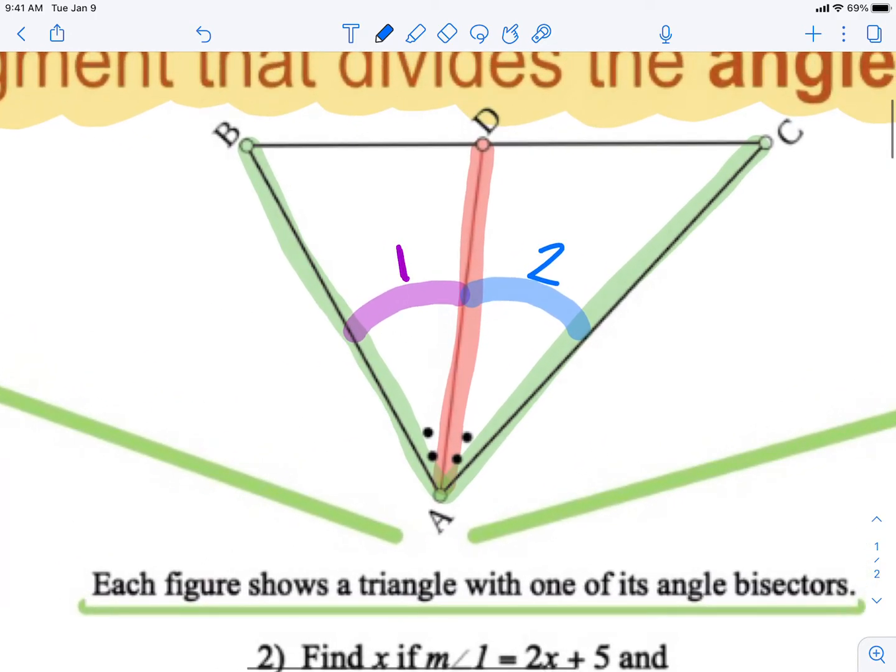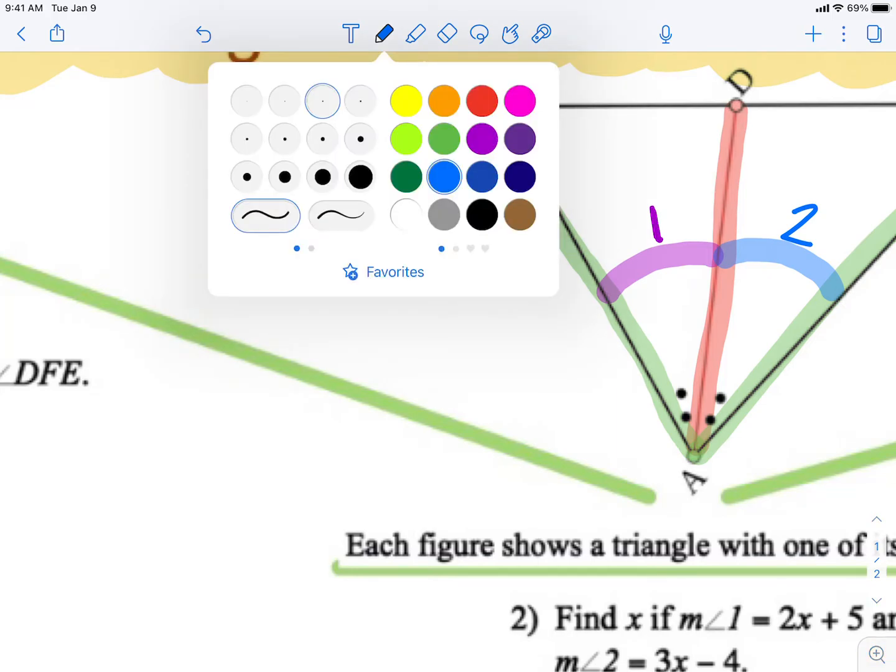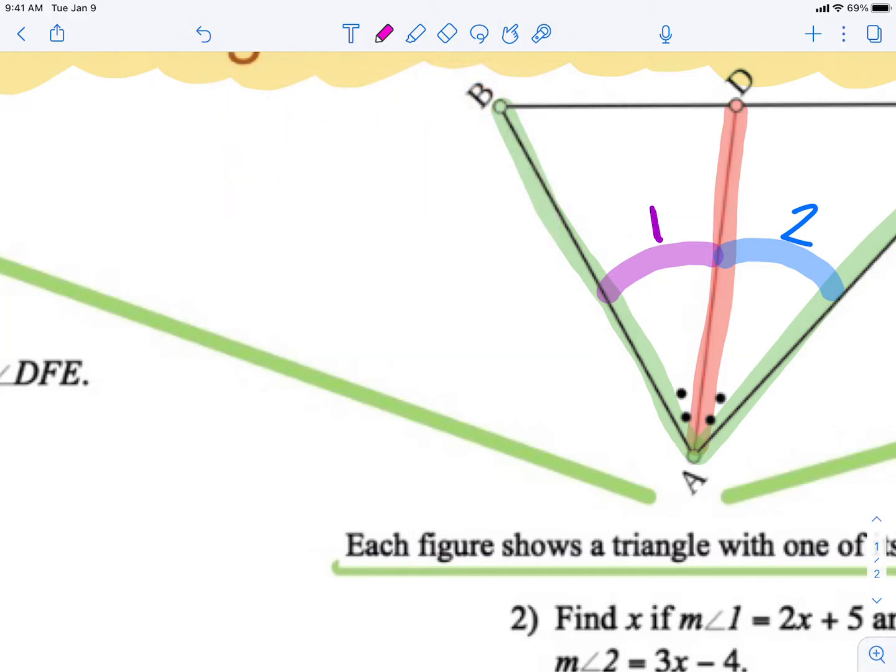What do we know about angle 1 and angle 2? Like we said, it split it in half. When you split something in half, the two parts are the same. So angle 1 is equal to angle 2. Let's write that down on the side. Angle 1 is equal to angle 2.